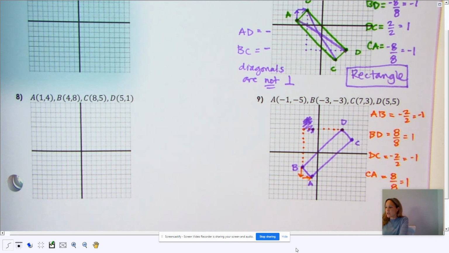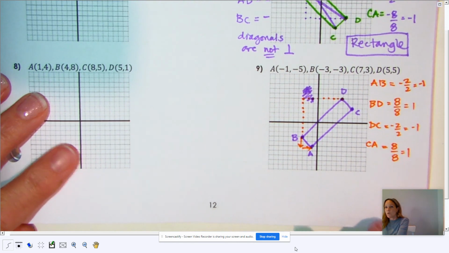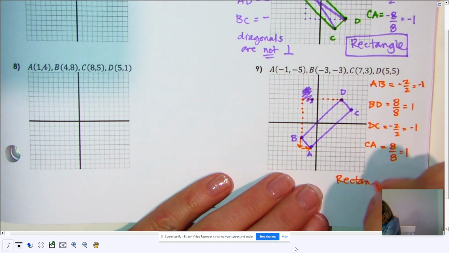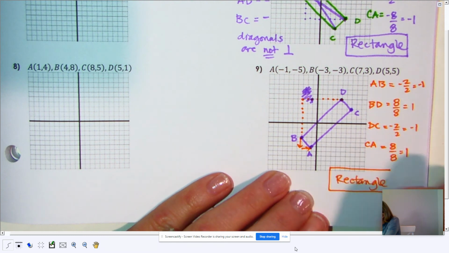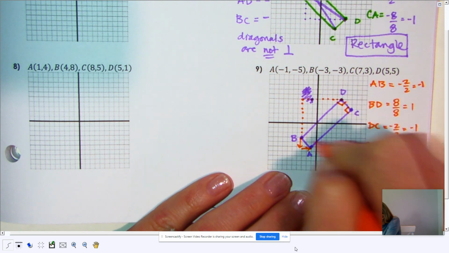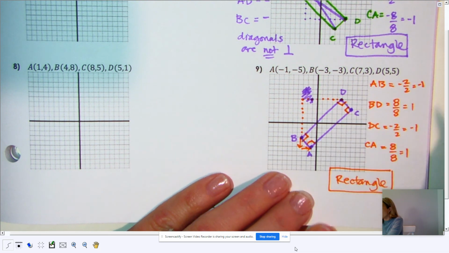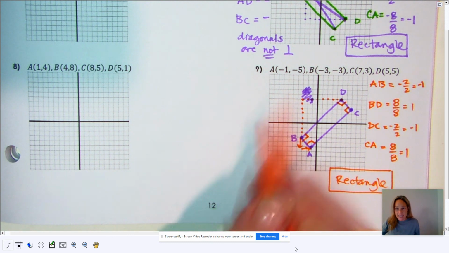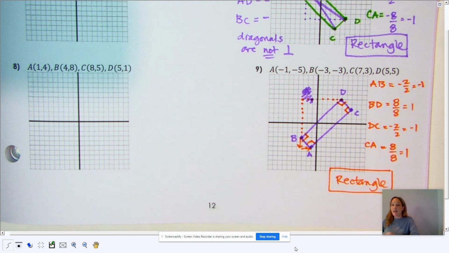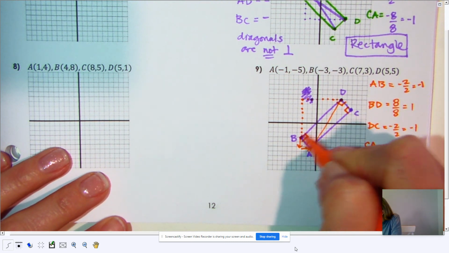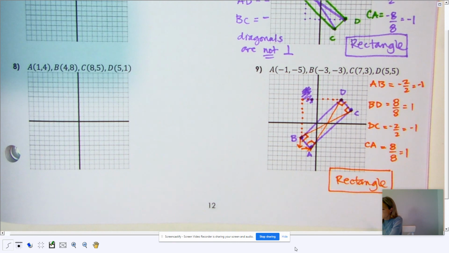To show your work correctly, we know it's going to be a rectangle. We've shown that the sides are perpendicular, so we know that all of those are right angles. But in order to distinguish between a rectangle and a square, even though we can see the sides are obviously different, if you were proving it, you would show that the diagonals are not perpendicular to each other.